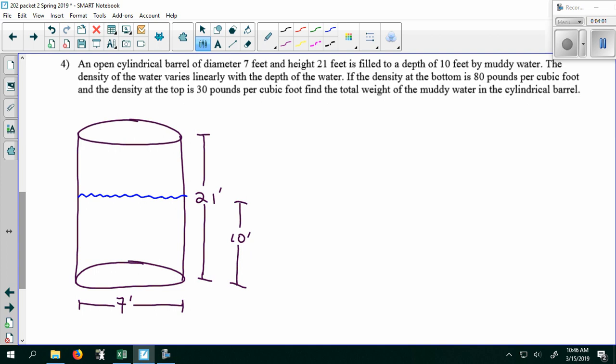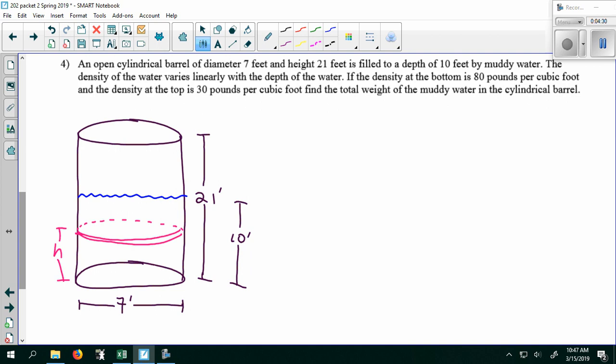Okay, so before I even do any slicing, I want to write an equation that will tell me the density at a height of h. So if I want to look at a particular height, let's see, I'm going to try to draw a slice of water. So I've got like a disk of water at a height of h.